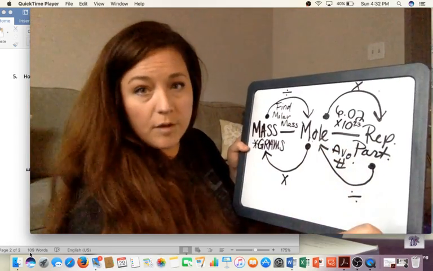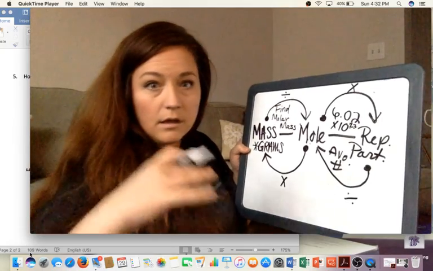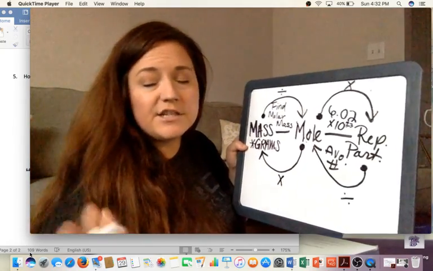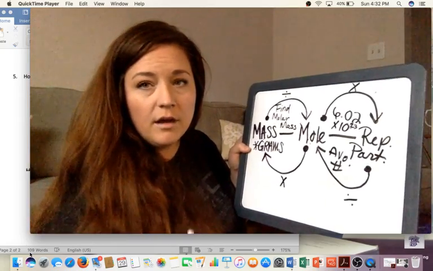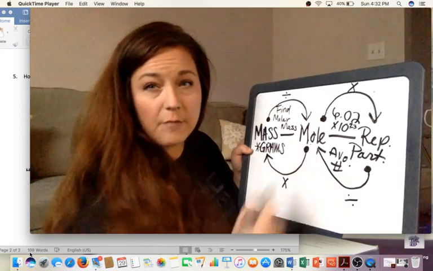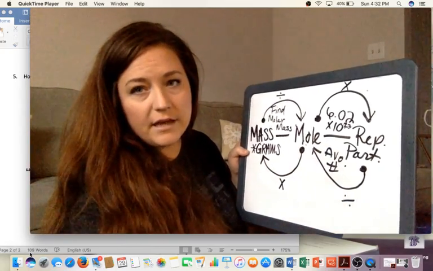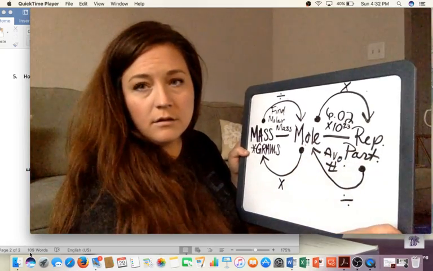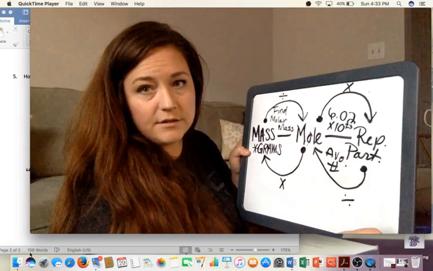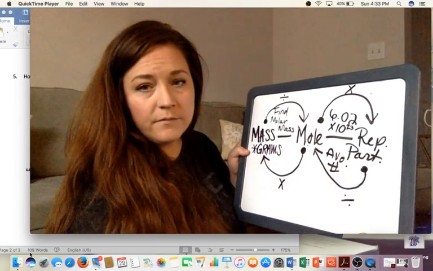All right, for representative particles, if I told you I had 52 times 10 to the 24th power molecules, and I wanted to figure out how many moles I had of that, all I would have to do is divide my given number of representative particles by 6.02 times 10 to the 23rd, and I would have my moles.